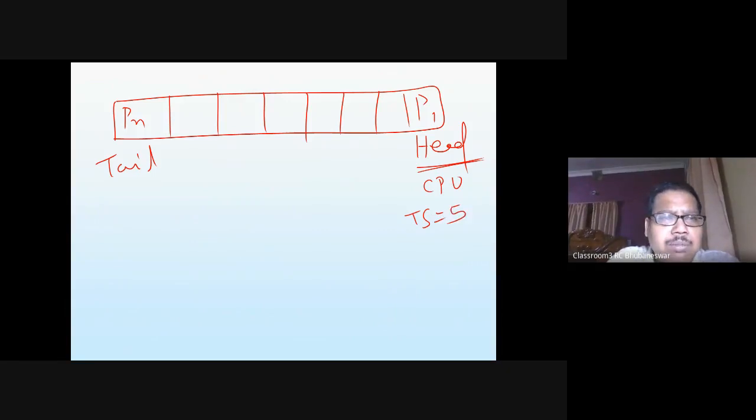Can I not say at what point of time Pn will execute? Let's take n equal to 10, so this becomes P10. Now you tell me when the P10 process will start its execution.